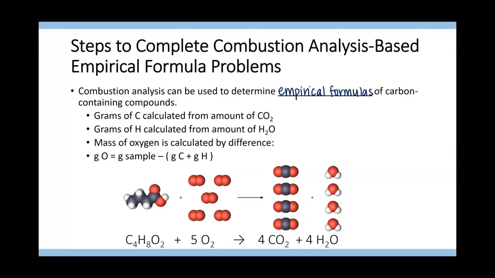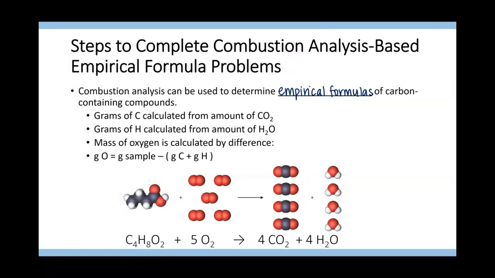But we have oxygen sometimes in the reagent and in the oxygen gas that's required for combustion to occur. So we can't go directly from oxygen in water and oxygen that's in CO2 produced to find the amount of oxygen in this molecule, because some of the oxygens over here are from the oxygen gas.